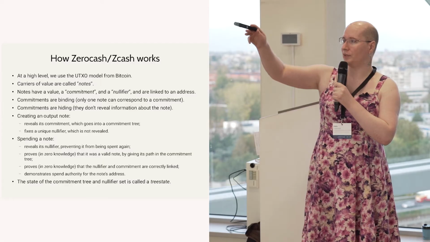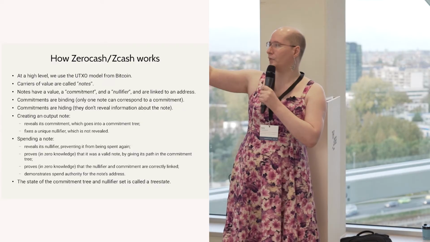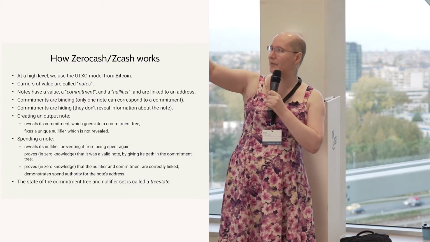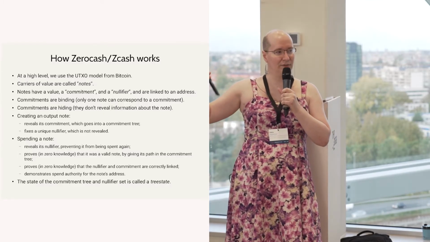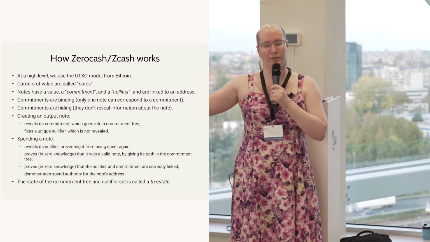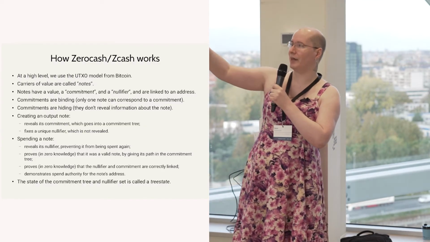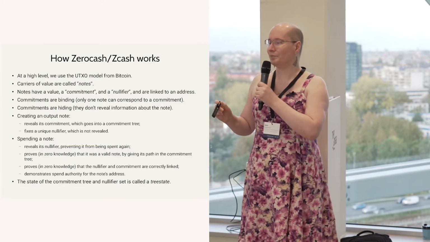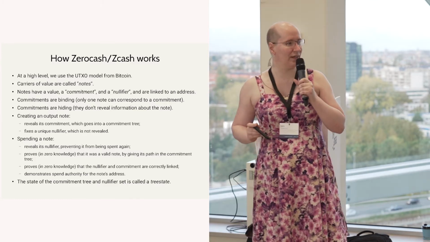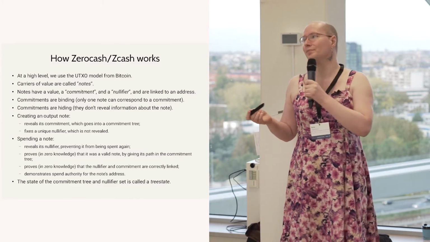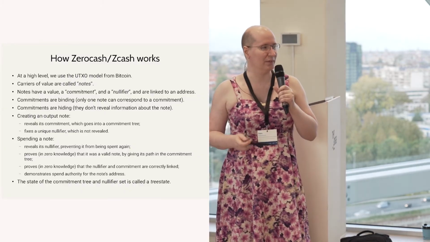And then you've got to prove in zero knowledge that it's a valid note, in other words, that its commitment is in the accumulator, and you prove that in zero knowledge so that apart from the spender, no one can see which note was spent. And then you also have to prove that the nullifier and the commitment are linked correctly, so they belong to the same note. And you need to prove that you were authorized to spend the note, so you hold it.